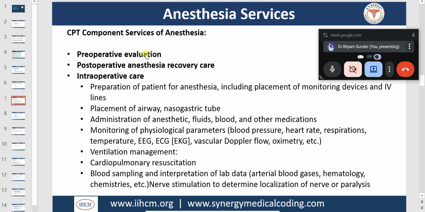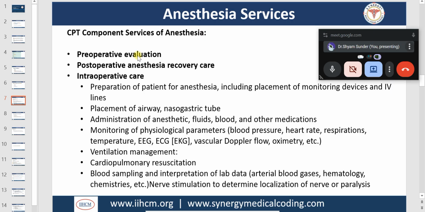Pre-operative evaluation. Before surgery, the anesthetist has to take the history, examine the patient, and give the fitness certificate: the patient is eligible for receiving anesthesia. That is important. If the anesthetist doesn't provide fitness, the surgeon cannot do surgery.